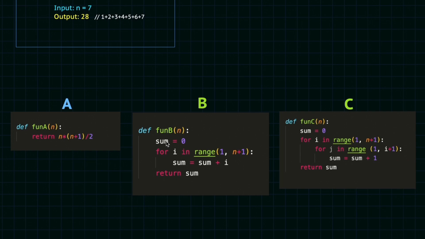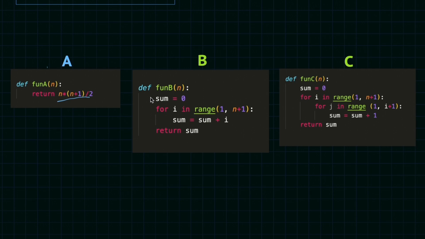So here are the 3 different solutions, let's say written by 3 different programmers. Programmer A used the direct formula for the sum of the first n natural numbers, which is n into n plus 1 by 2. Don't worry if you are not familiar with this. Programmer B wrote a single loop solution. In this, he simply initialized the sum to 0 and added i one by one up to n. See, the range function works like this.